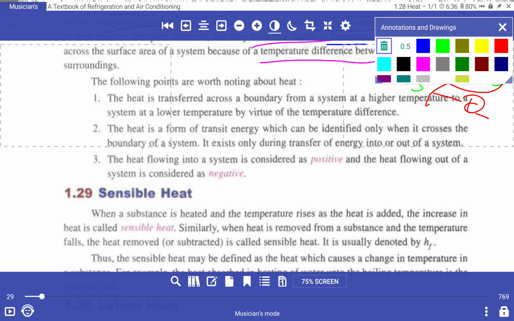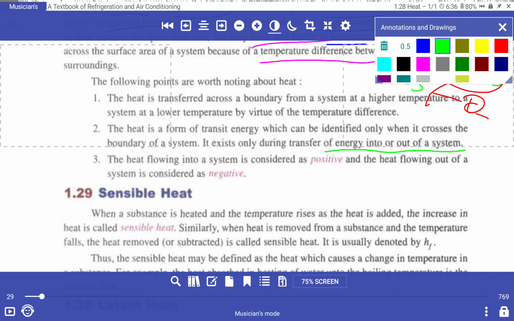It exists only during the transfer of energy into or out of the system. So take note of that. It's just at a moment.